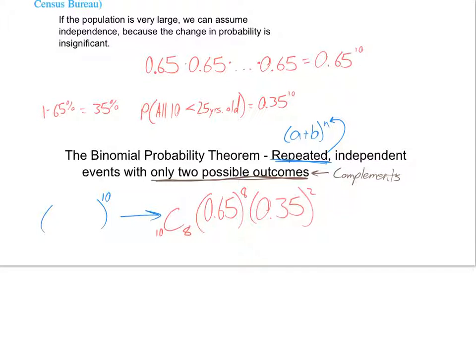So the expansion that we're working with here is (0.65 + 0.35)^10. There's the binomial we're expanding: the probability that they are greater than or equal to 25 years old, and the probability that they were less than 25. They have to be complements of each other.